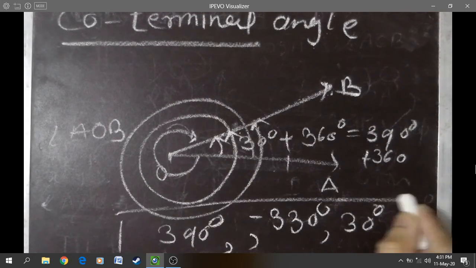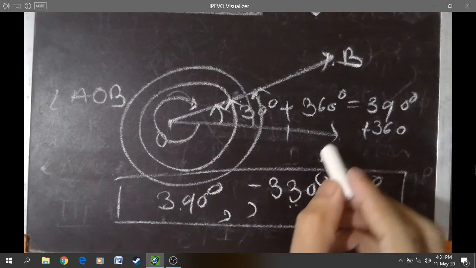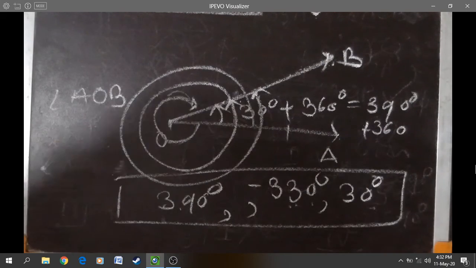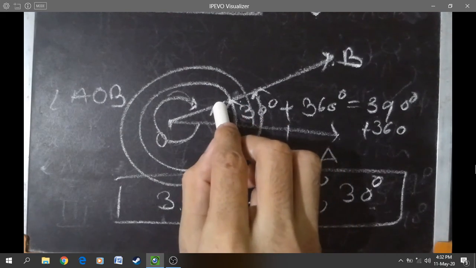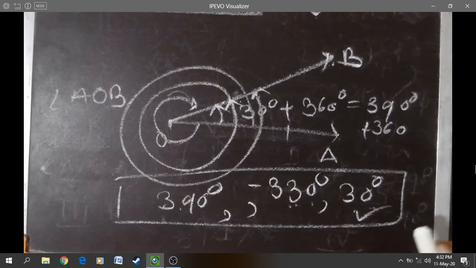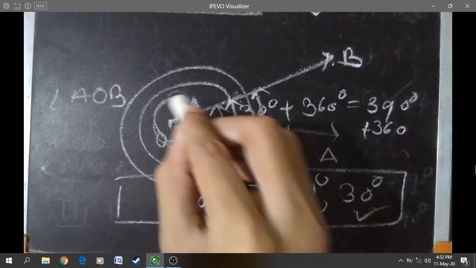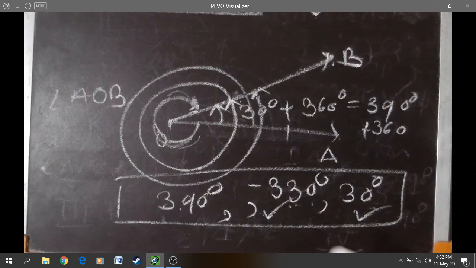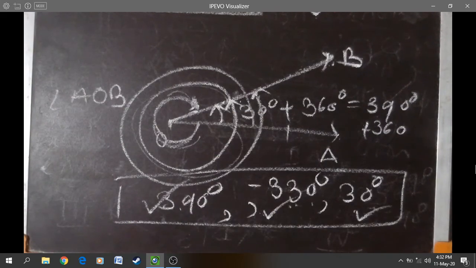So these all are called coterminal angles because all these angles have basically the same terminal and initial rays, but different values because of their rotations, right? The 30 degrees in the positive direction gives 30 degrees, and in the negative direction, clockwise, it gives 330, and if we rotate one more time it gets 390.